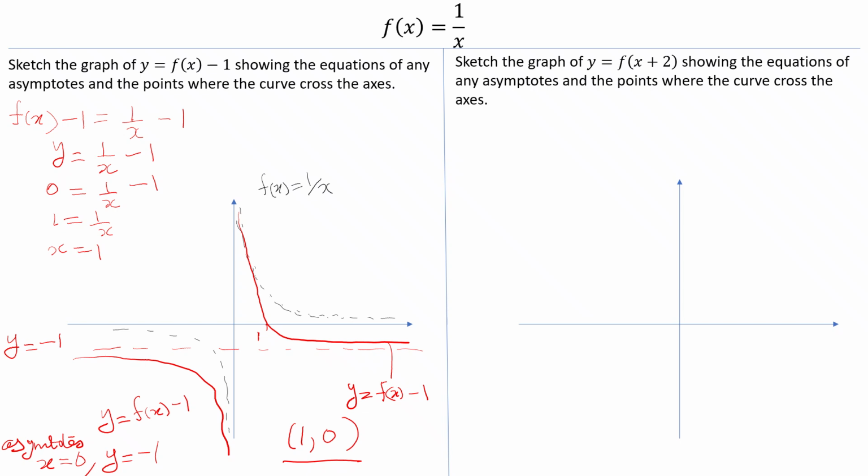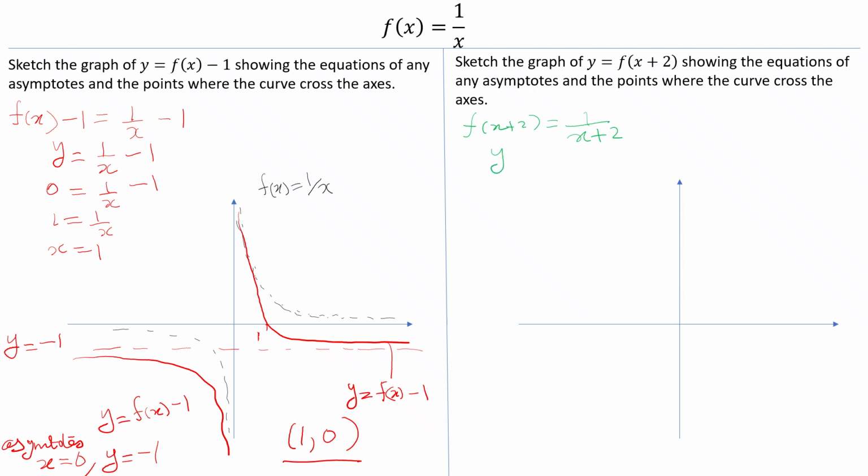Next one, sketch the graph of f(x plus 2). So wherever there is x, you need to put x plus 2.